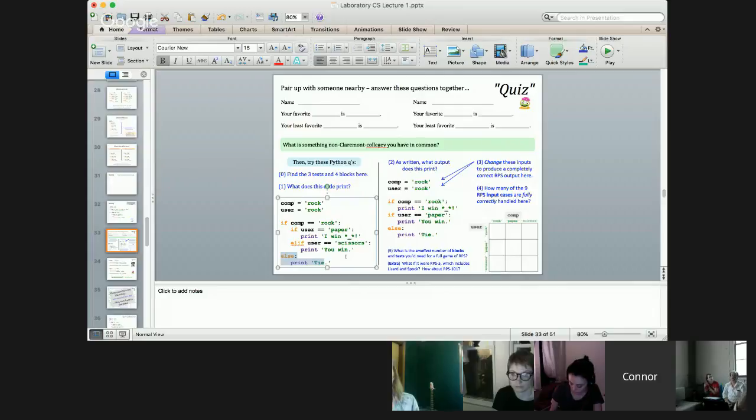The else is a block too. And the comp and user information is outside of the block.